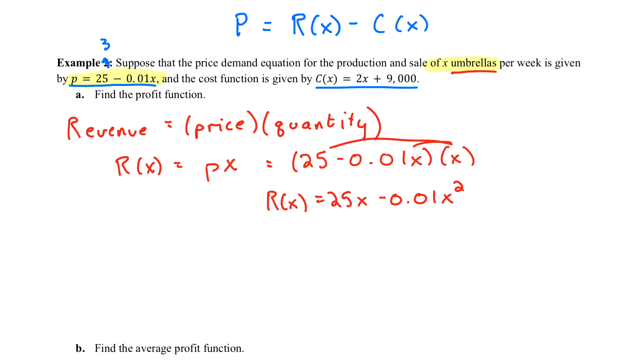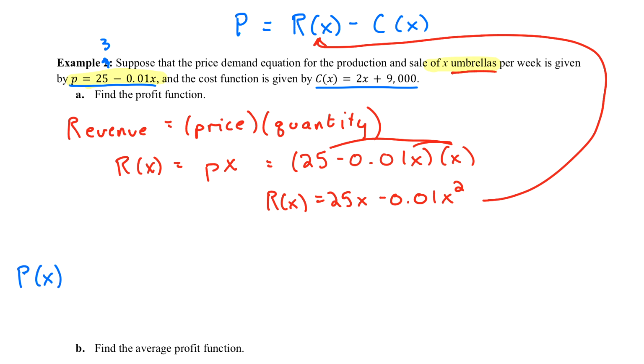And now we can go ahead and plug that into our profit function so that we can find that. So our profit function, P of X, is our revenue function that we just found, 25x minus 0.01x squared, minus the cost function that was given to us.